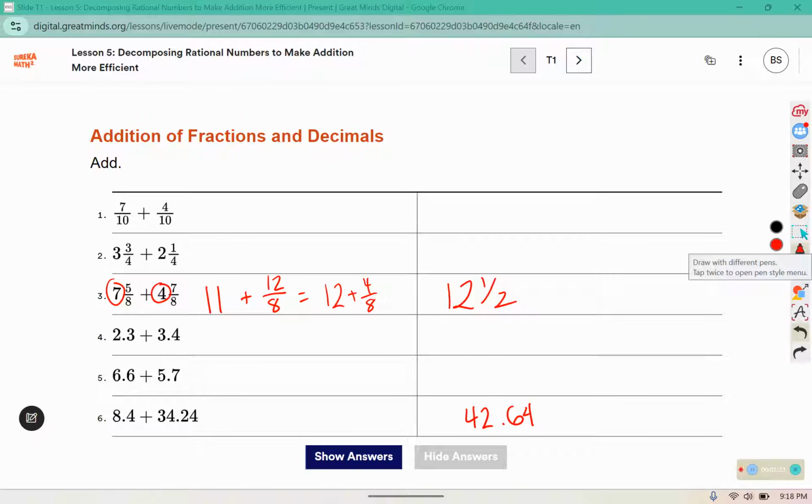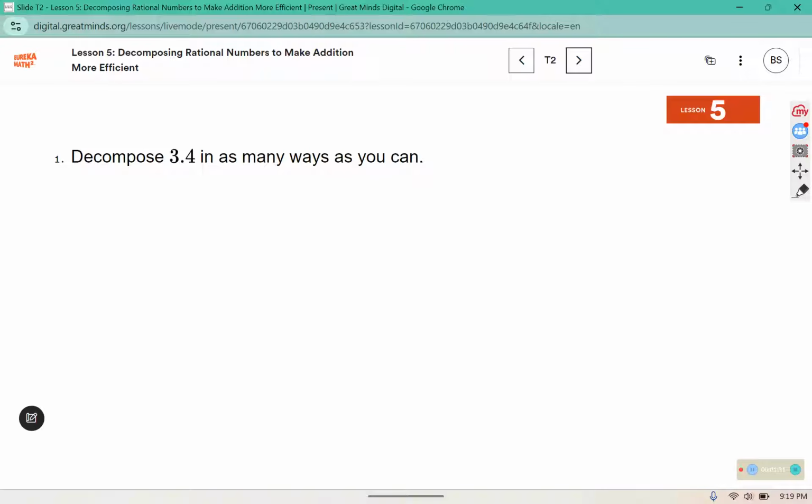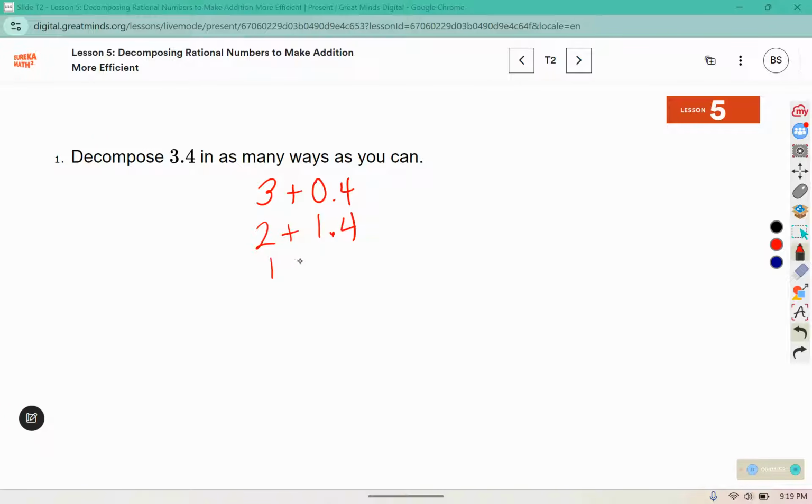Please complete 1, 2, 4, and 5 on your own. Decompose 3.4 in as many ways as you can. 3.4 could be the same as 3 plus 0.4, 2 plus 1.4, 1 plus 2.4, could be 3.2 plus 0.2, it could be 3.1 and 0.3, it could be 2.4 and 1.